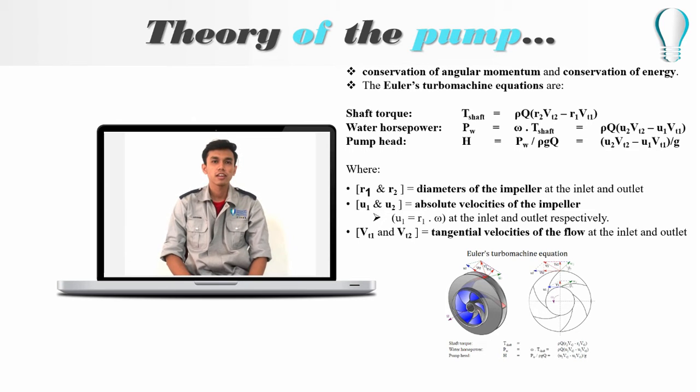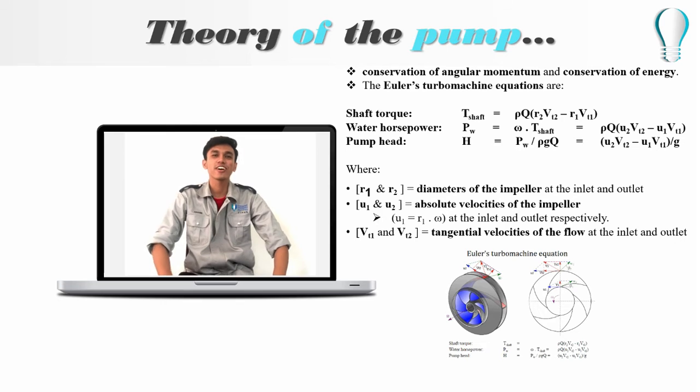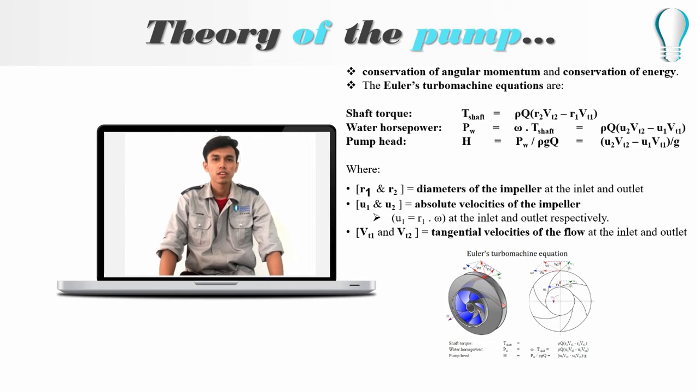If torque and angular velocity are of like sign, work is being done on the fluid, a pump or compressor. If torque and angular velocity are of opposite sign, work is being extracted from the fluid, a turbine. For the design aspect of turbines and pumps, the Euler equation is extremely useful.